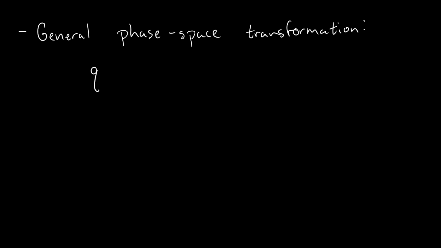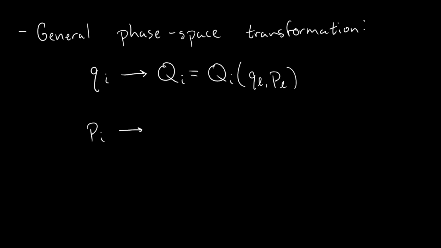Where our old coordinates, I'll call them q sub i, go to some new set of coordinates, which I'll call capital Q sub i. And these capital Q sub i's are functions of both our old coordinates and our old momenta. And we can do the same thing for our old momenta: little p goes to big P, which is, again, a function of both our old coordinates and momenta. So you see, this is a much more general set of transformations.